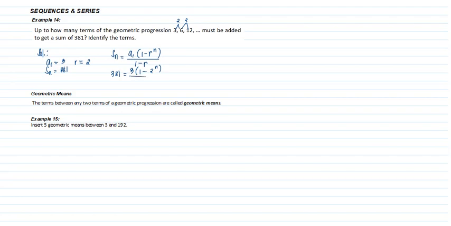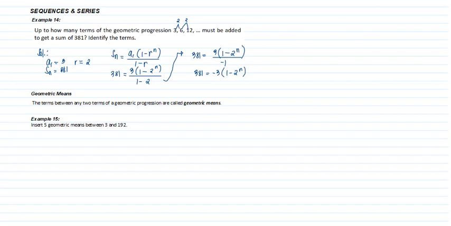Tapos, divide natin siya ng 1 minus 2. And then, if we continue on calculating, it will be now 381 is equal to 3 times 1 minus 2 raised to n, and then divided by 1 minus 2, which is negative 1. And then we try to simplify the value, no? So 3 divided by negative 1 is negative 3 times 1 minus 2 raised to n.